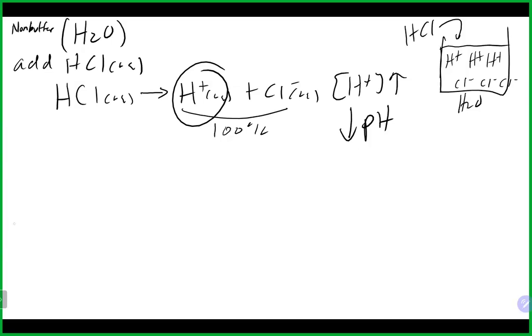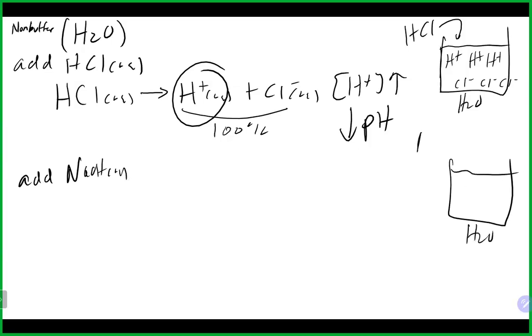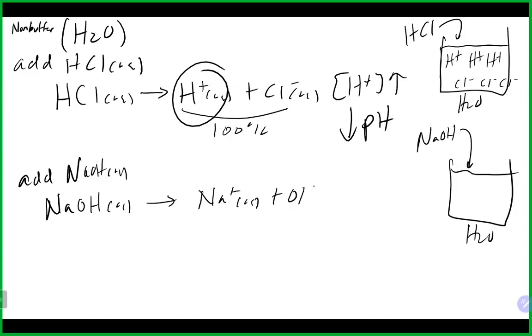Now, what would happen if we added sodium hydroxide to water? So if we had our water here and we added some sodium hydroxide in there. Well, kind of the same idea. Sodium hydroxide, which is a strong base, will, much like the acid, 100% break apart into sodium ions and hydroxide ions.